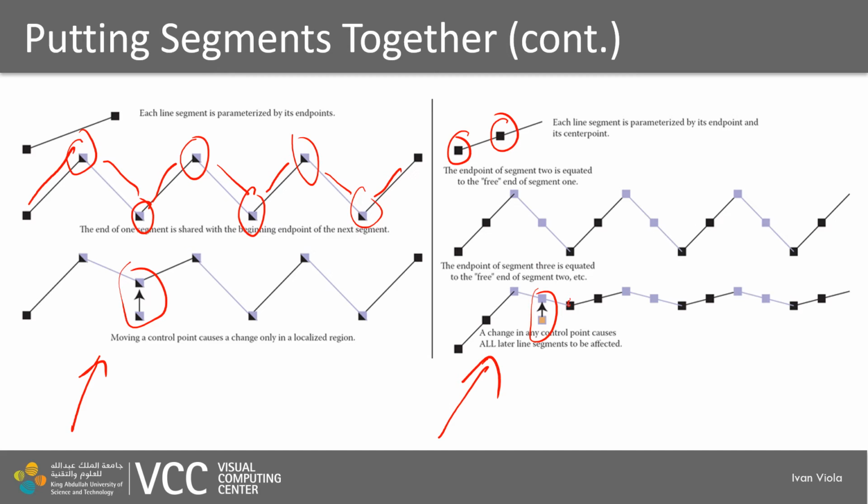And as the slope of the relation between the center point and endpoint is sort of copied from the previous segment, we can see that our zigzag structure becomes much shallower after our change. So we can see that the first segment was not affected, but all the other segments have been affected until the end of the curve through this dependency scheme.